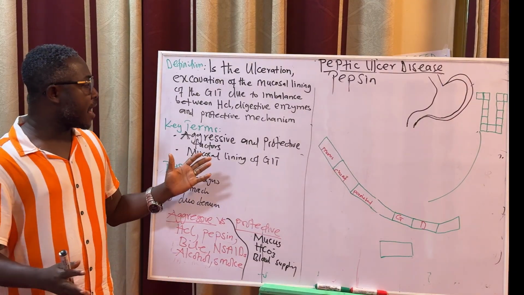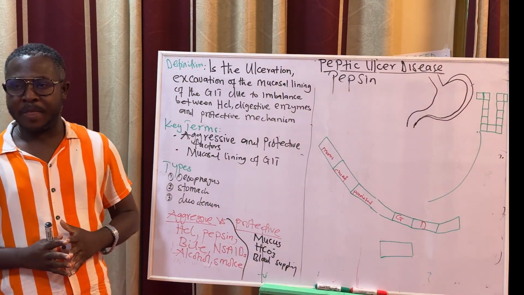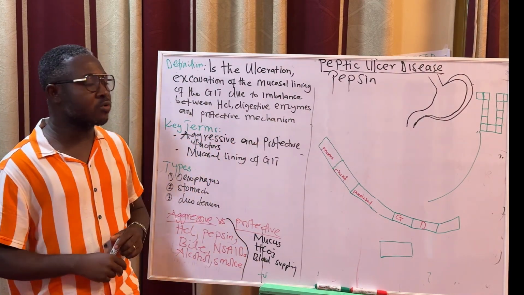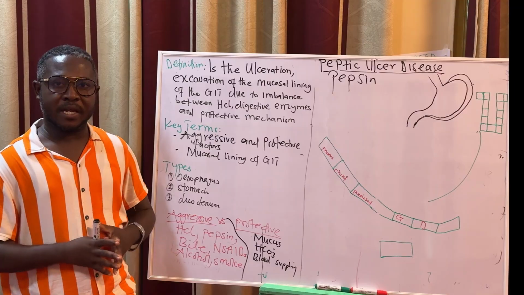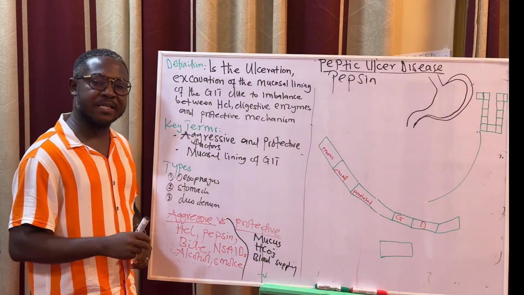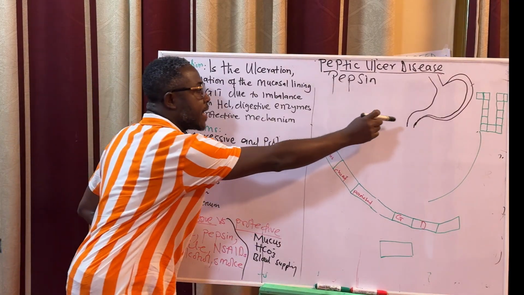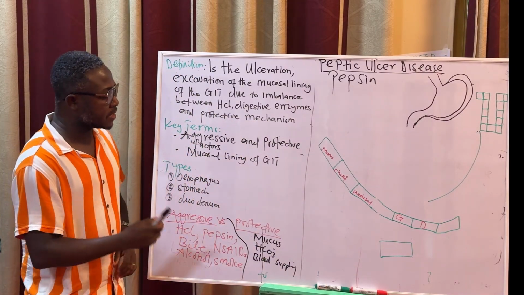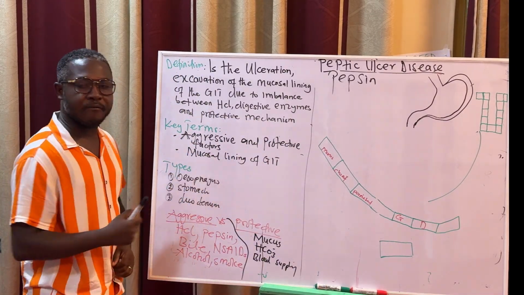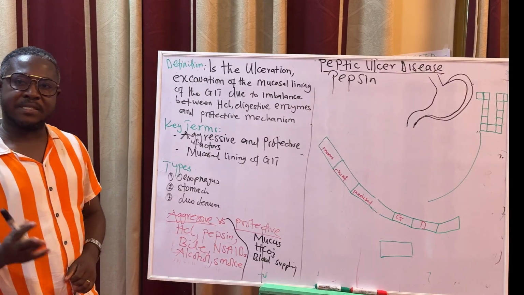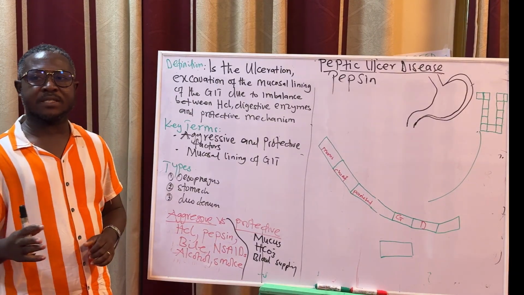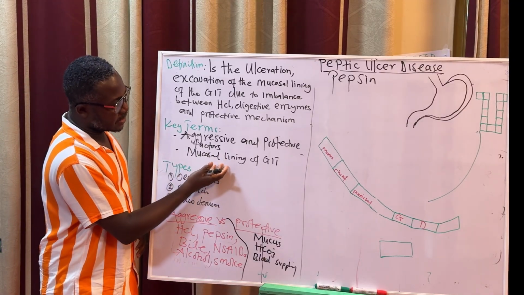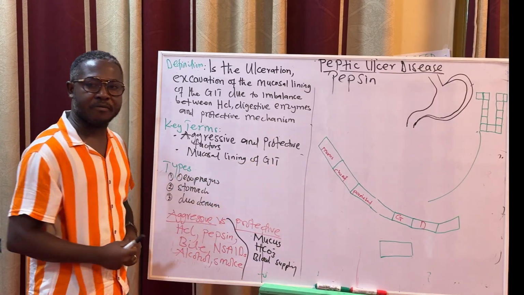We all know that hydrochloric acid is corrosive in nature, and so when it gets onto the mucosa lining, it begins to erode it, or begins to cause the ulcer or the sore that we are talking about. Now there are certain factors that help to protect the inner lining of the mucous membrane, which are termed the protective factors. As we move on, you will look at some of these substances that help to protect the inner lining.